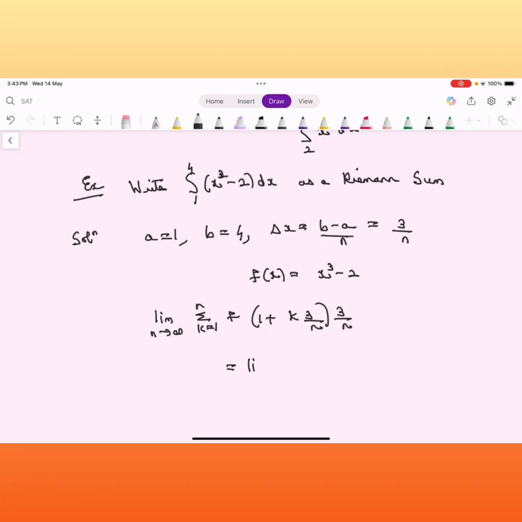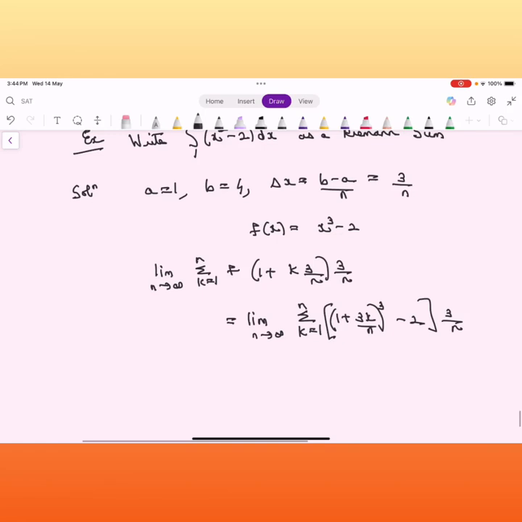So that will be the limit as n tends to infinity, summation k equals 1 to n. It will be (1 plus 3k by n) the whole cubed minus 2. That is your f(x). f(x) is x cube minus 2. So f of (1 plus 3k by n) will be (1 plus 3k by n) the whole cube minus 2, into 3 by n. So this would be the answer.